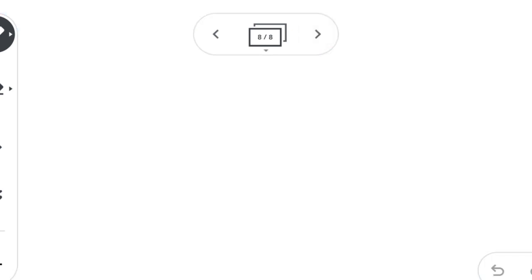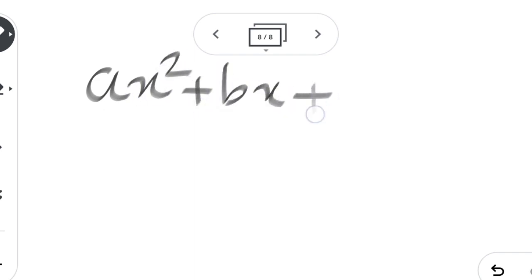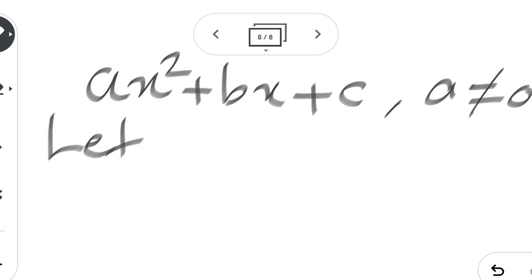In general, consider the quadratic polynomial ax square plus bx plus c, a not equal to 0. We found there are two zeros. A quadratic polynomial has two zeros.